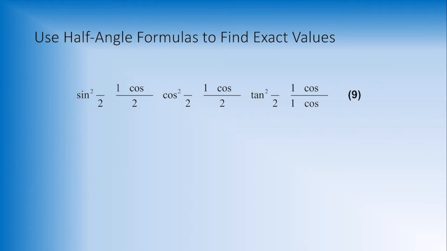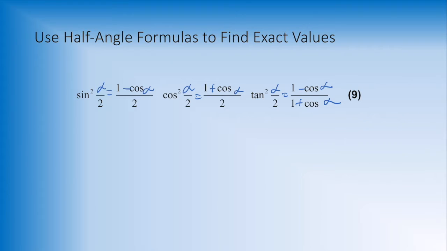Let's take a look at these half angle formulas that we can use to find exact values as well. Sine squared of alpha equals 1 minus cosine alpha over 2. Cosine squared alpha gives us 1 plus cosine alpha over 2. Now this is great, but we aren't often asked to find the squared form.